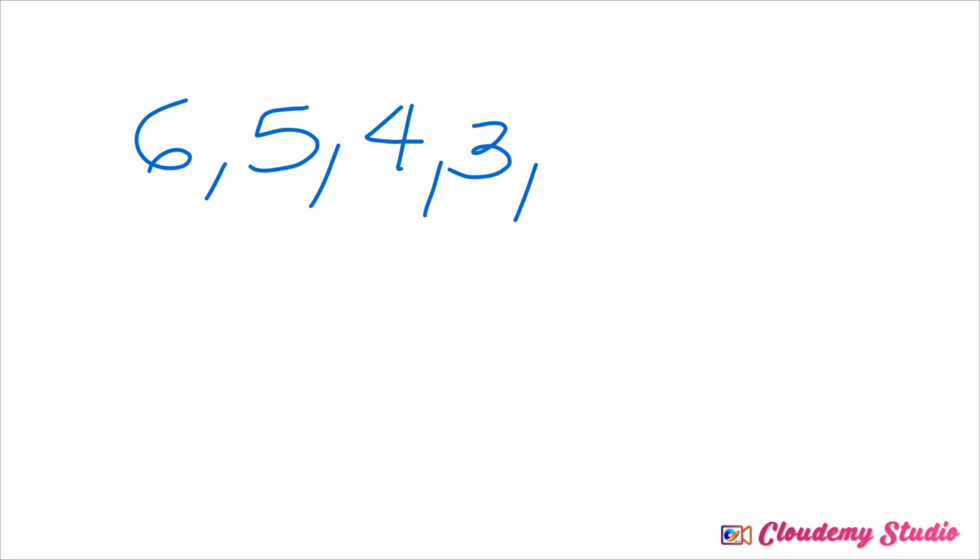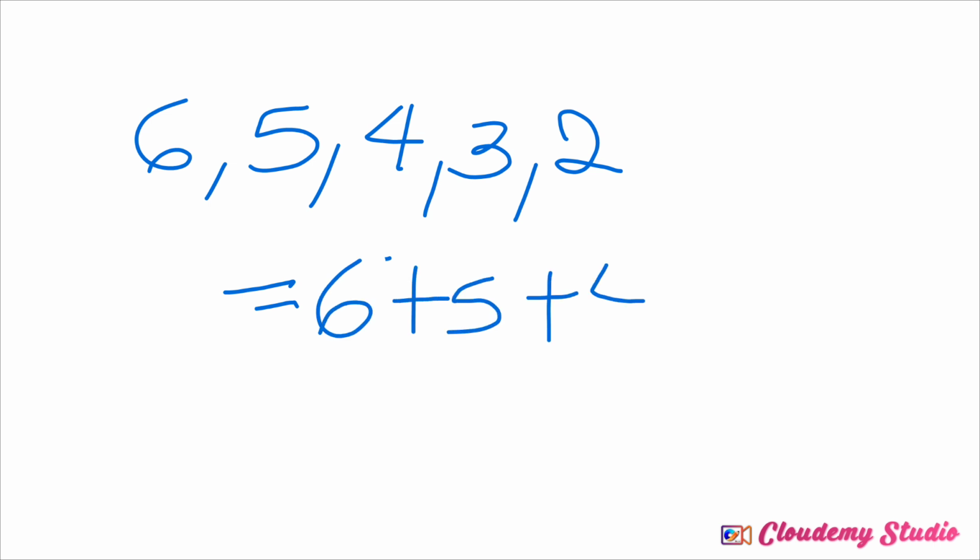So let's take, for instance, 6, 5, 4, 3, 2. Now mean says that the sum of the numbers will be 6 plus 5 plus 4 plus 3 plus 2.